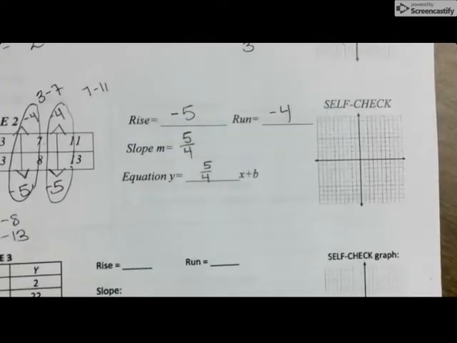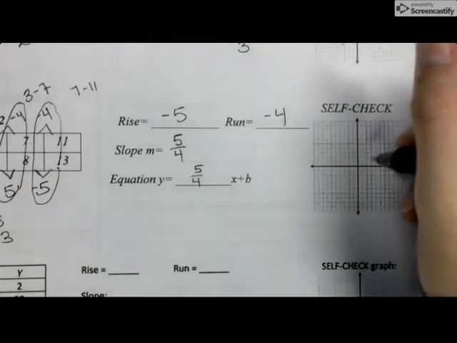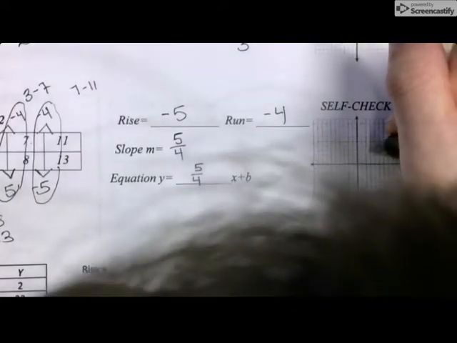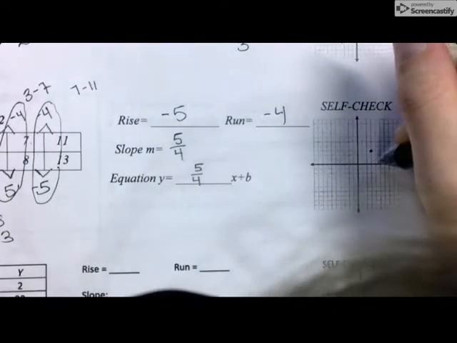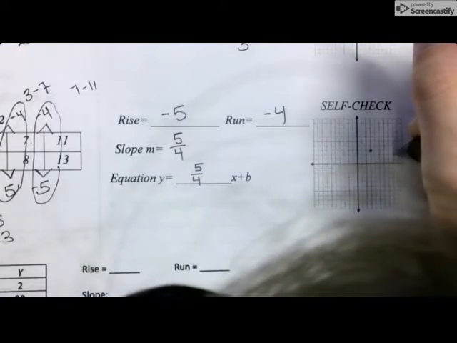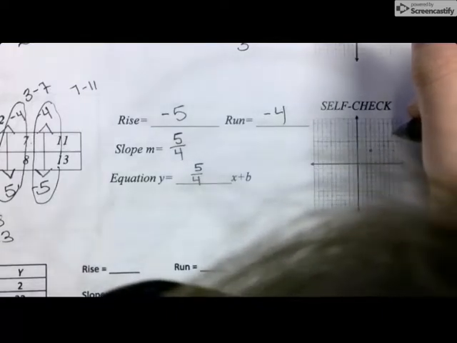Again, we could plot these points. I would have 1, 2, 3, 1, 2, 3, and 8, 7. 1, 2, 3, 4, 5, 6, 7, 8. 1, 2, 3, 4, 5, 6, 7. Up and left, and 1, 2, 3, 4.